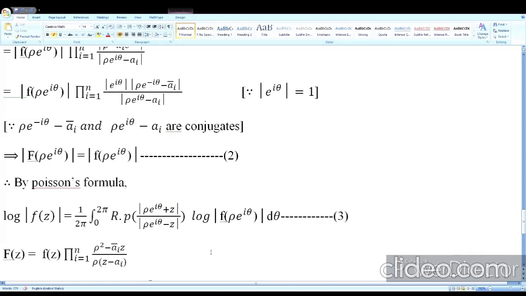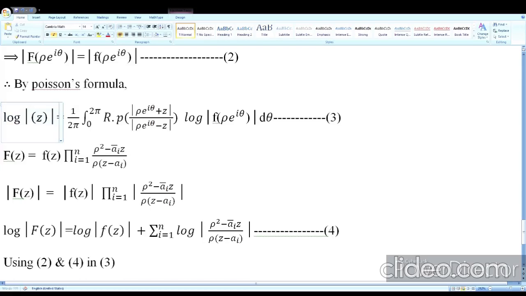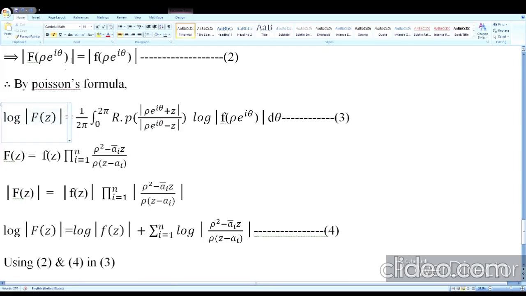Now we write Poisson's for capital F and then we are going to replace it by small f. So we consider Poisson's formula for capital F. Now capital F of z is this value.